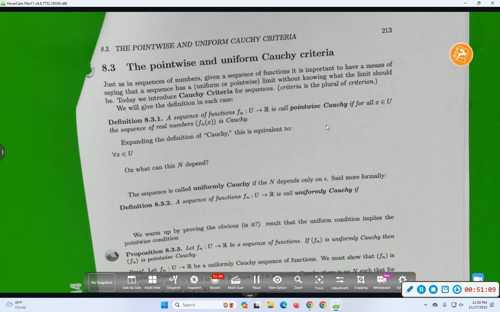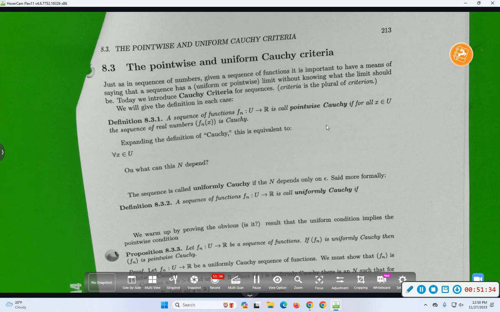Well, let's remember this. If you have a sequence of numbers, and it's too hard to check whether it converges because you don't have a candidate to be the limit, you just check if the thing's Cauchy. Or maybe you check if it's monotone, but probably you check if it's Cauchy. Same thing with sequence of functions. There's a Cauchy criterion for pointwise convergence, and it's the obvious one. If I just ask you what should it mean for the sequence to be pointwise Cauchy, you'll write it down automatically.